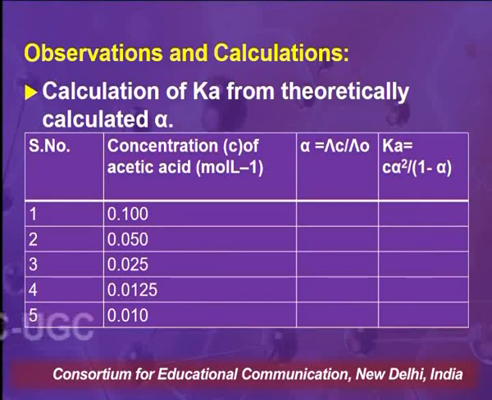So, here we are calculating alpha from lambda C and lambda naught values, and then Ka can be calculated using the formula Ka equals C alpha square divided by 1 minus alpha for different concentrations of acetic acid.